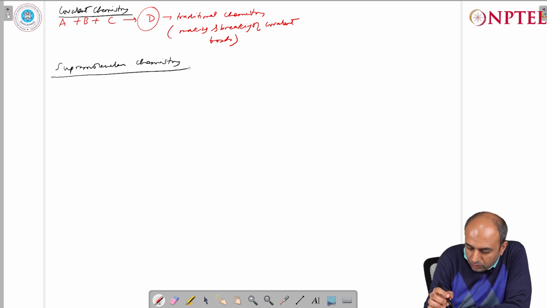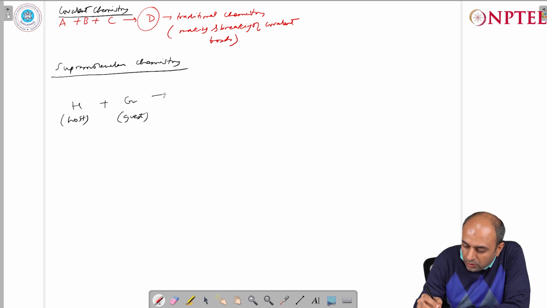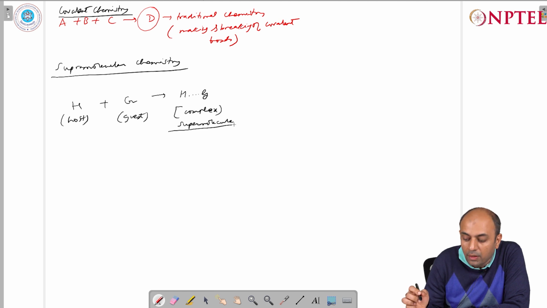we have a molecule, say we name it H, which we refer to as the host, and we have another molecule which is called a guest, and it is the association of the host and the guest to give a new complex which we call the supermolecule, which is essentially held by non-covalent interactions.